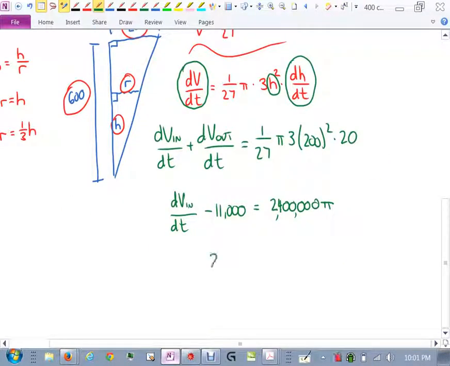So 2,400,000 pi plus 11,000 is the rate at which volume is going in.